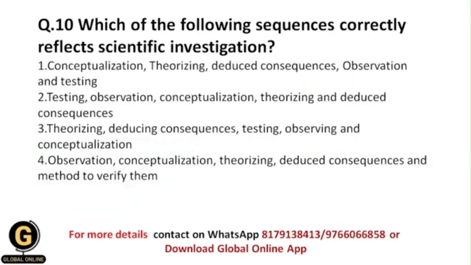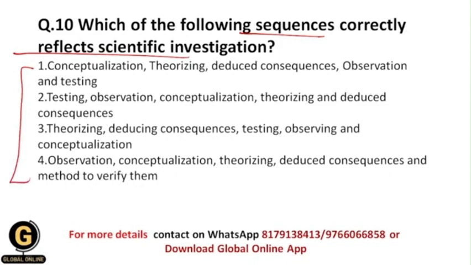Next is, which of the following sequences correctly reflects scientific investigation? So here we have been given different options, and in each option they have given us different sequences, but we need to identify the correct sequence of scientific investigation.